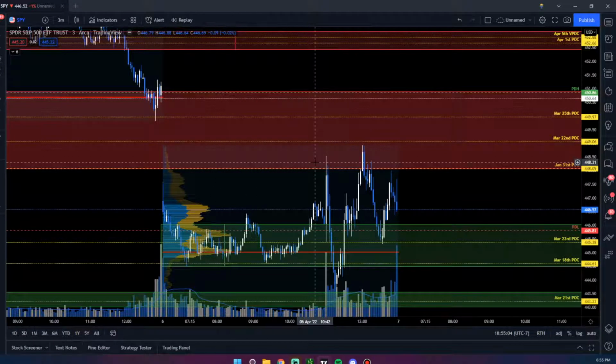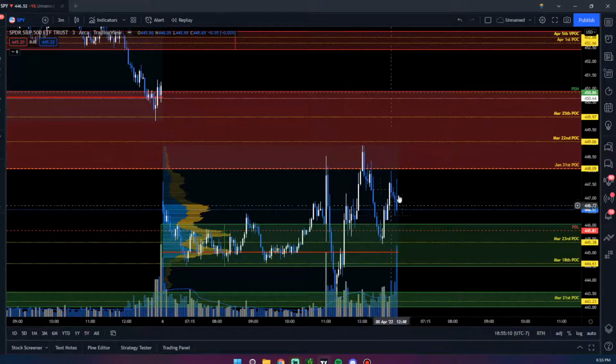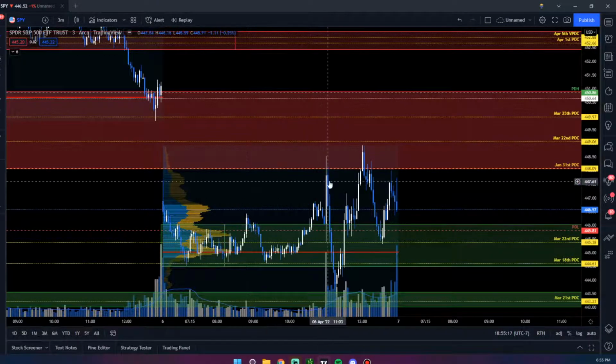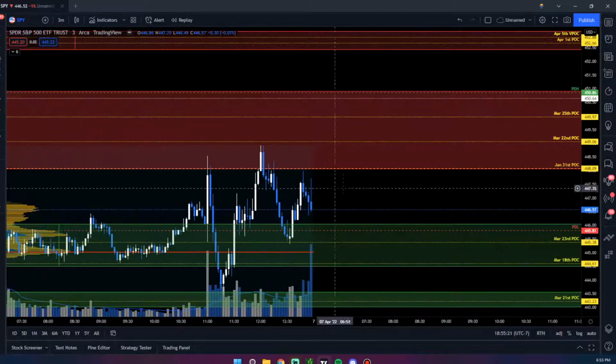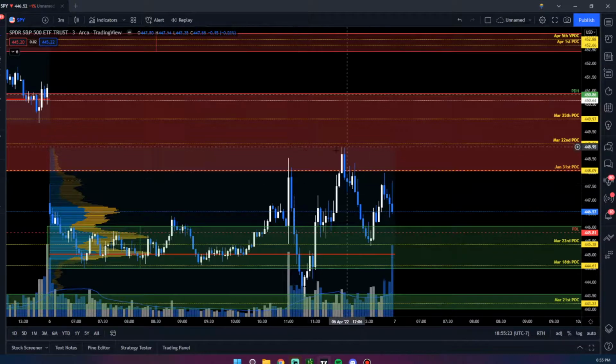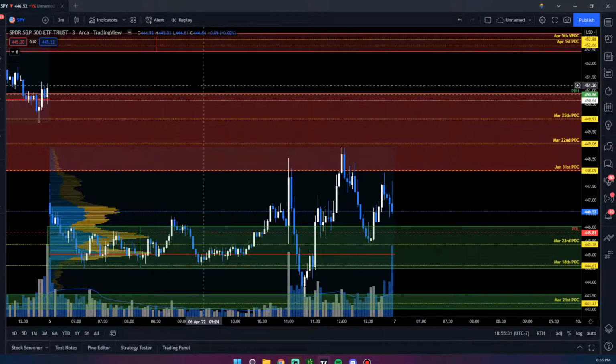There's like 8 POCs in that area. So I just left it on there because I expect choppiness through this area. And actually, you can see here it's kind of respected. Kind of respected here as well on this red candle. But mainly the reason it's on my chart is because it falls in this area that has like 8 POCs on the day. So that's why I've kept it.